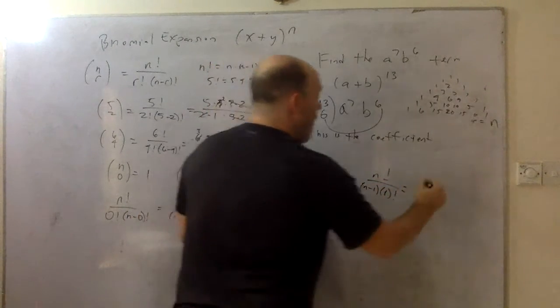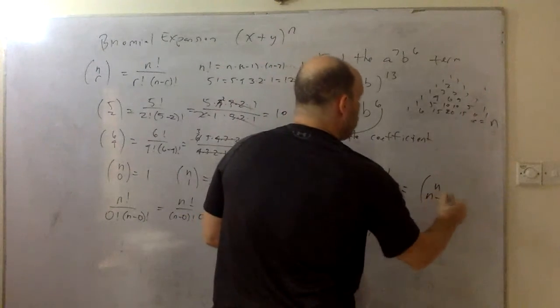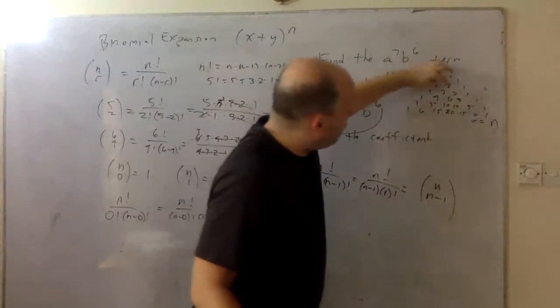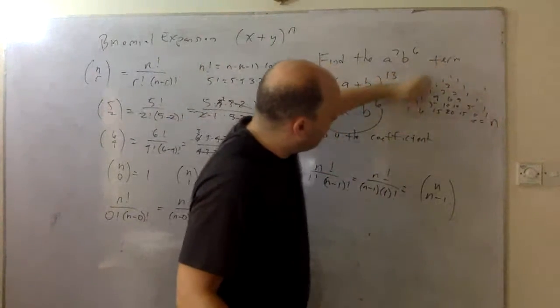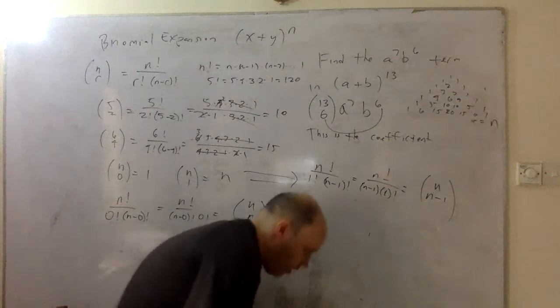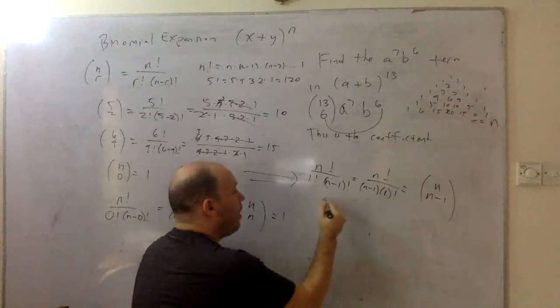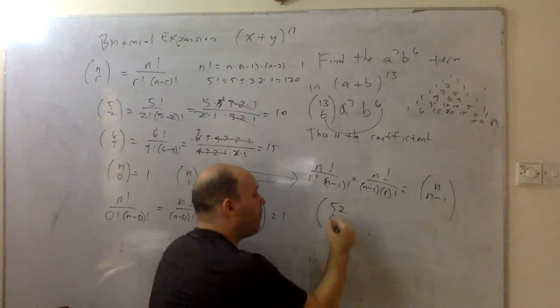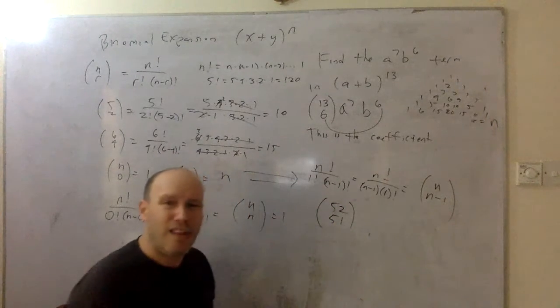This turns out to be n choose n minus 1. That's also why the second entry inside is the same thing. So the question you might ask is, if you have 52 objects and you have to choose 51 at a time, how do you do that?